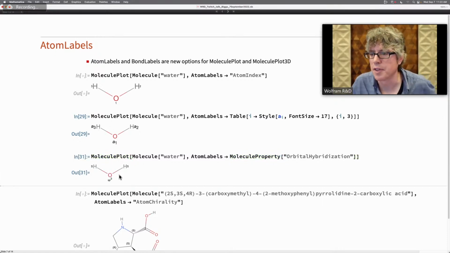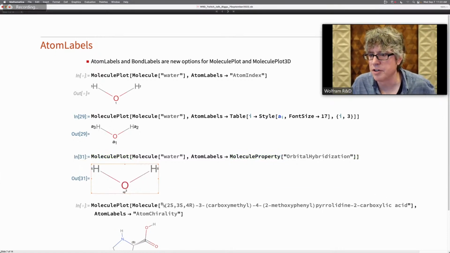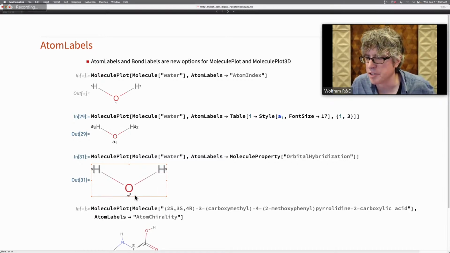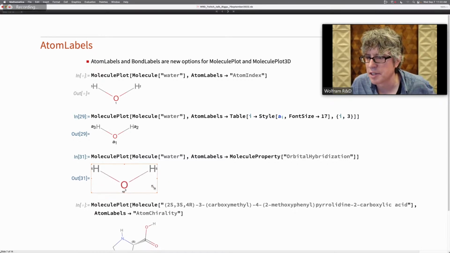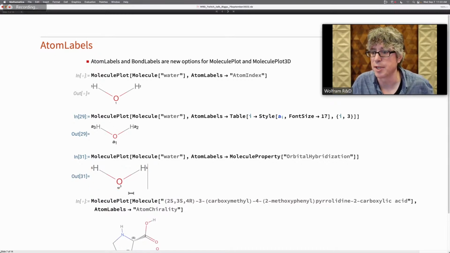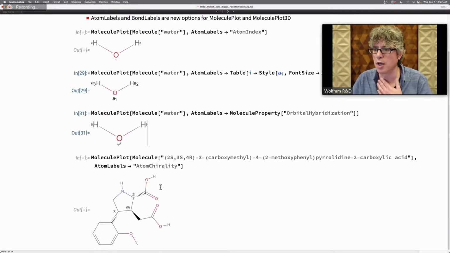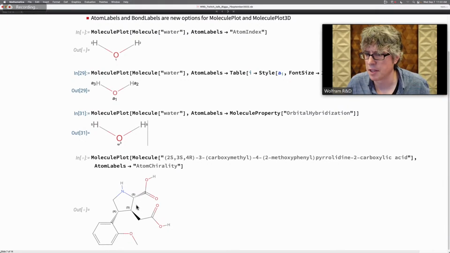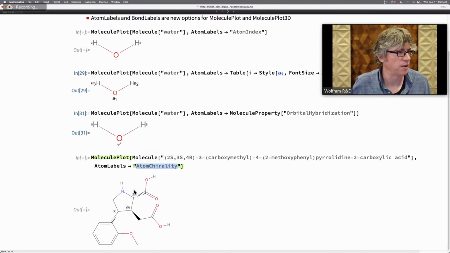Right, and so there we see that hydrogen atoms are not hybridized, so we label those as just being S, whereas the oxygen is an sp3. This is also a common thing that you see in diagrams in textbooks, to label the stereocenters by their chirality, S or R.